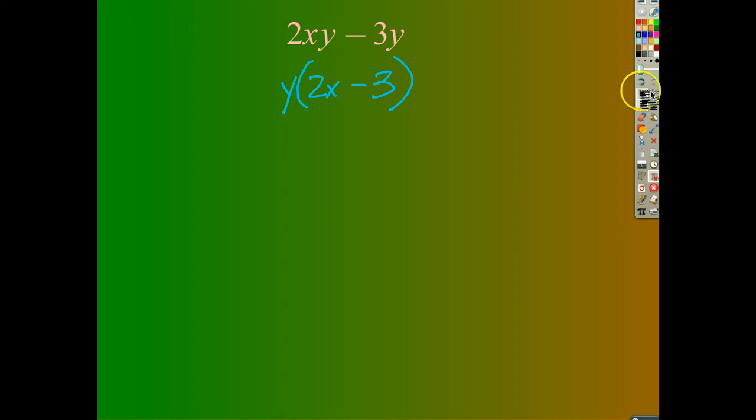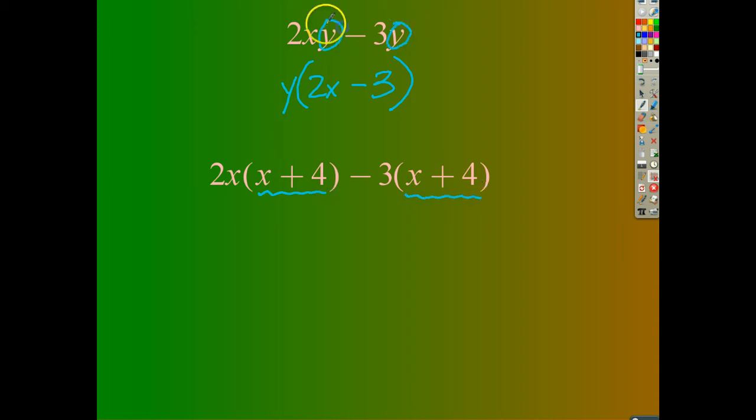Well, what happens when you have something that looks like this, where I have 2x times the quantity x plus 4, minus 3 times x plus 4? If you'll notice, this quantity right here is basically what y was up here. It's really the same problem. This x plus 4 is a common factor of both of these.